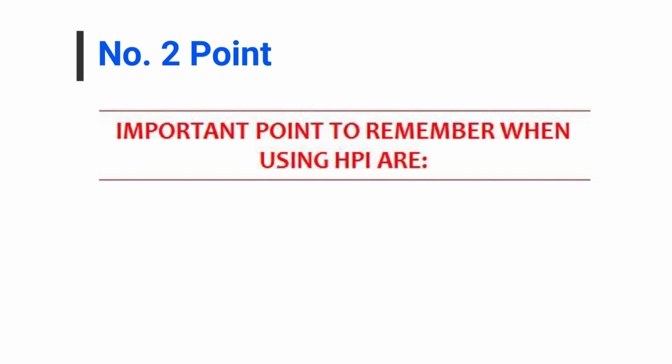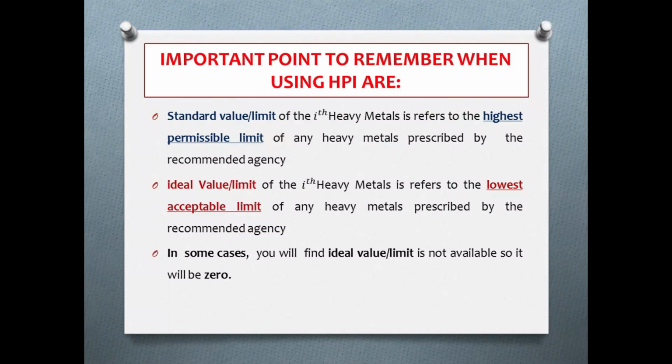So with this, we now come to point number 2 that a researcher needs to remember when using the HPI method of calculation. For this index method, when you say standard limit or the Si value of the ith heavy metal, then you are referring to the highest value prescribed by the recommended agency selected for the study.